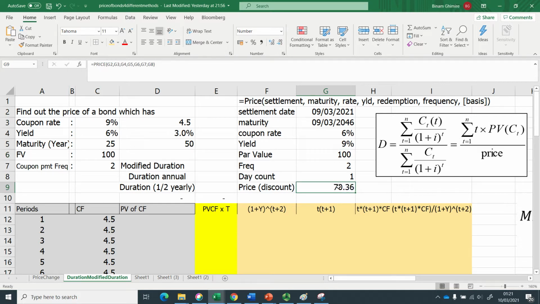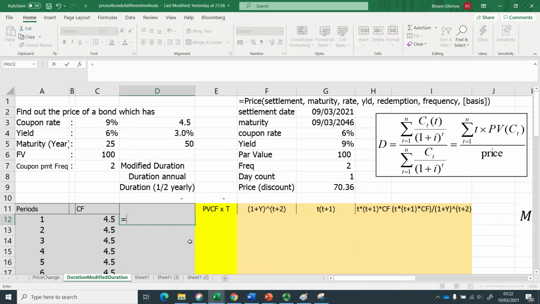$70.36. So this is what I want to find out using the formula approach related to the price of a bond that we learned in my previous video. So let me do that. Now I just need to discount it by the yield, which is this 3%.